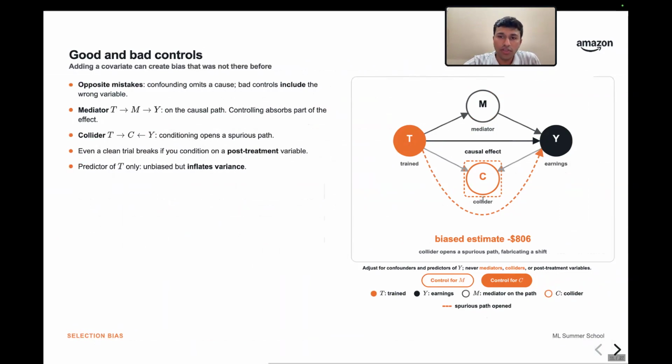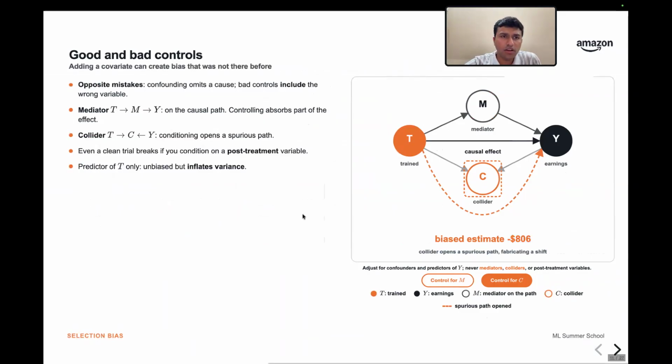So when you do this, you create a backdoor path, as you would have learned earlier, and you end up creating this fake path from the treatment to the final outcome, because you have assumed that there is some effect that treatment has through the collider to the final outcome, right? So when you condition on the collider, you end up creating this backdoor path, and you again get a very incorrect estimate that is very far off from the RCT data, right?